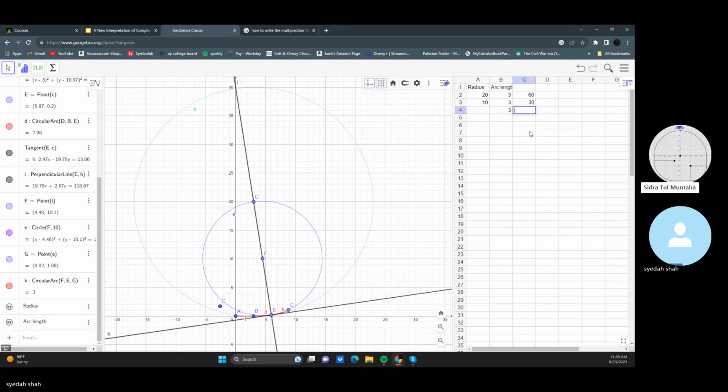Okay, so have you just simply multiplied them, or have you applied the formula here? Maybe I applied the formula.